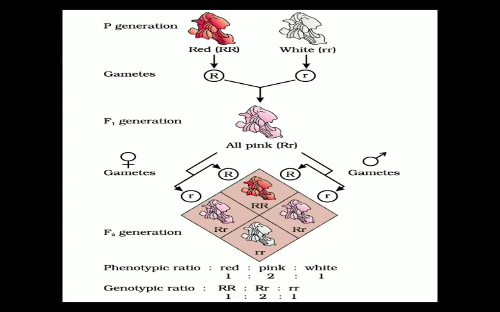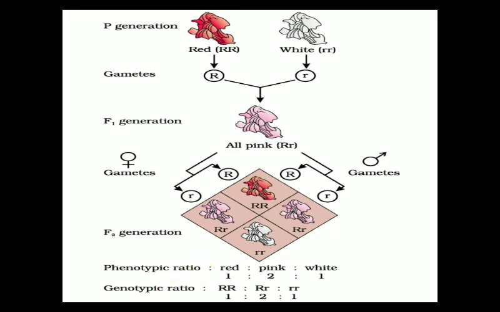Simultaneously we will compare with the Mendelian monohybrid cross: what phenotypic ratio and genotypic ratio Mendel got in the F2 generation of the monohybrid cross. The genotypic ratio there was 1 is to 2 is to 1. So here also, in case of incomplete dominance, the genotypic ratio was 1 is to 2 is to 1.